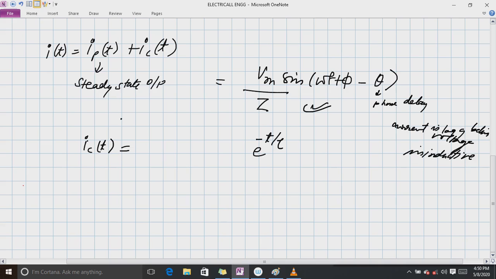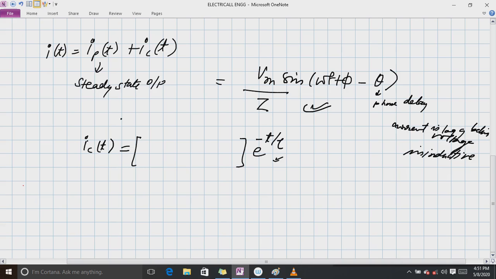In case of our capacitive circuit, it is RC. In case of an inductive circuit, it is L by R. So there is no such problem. This term will always come in a transient case, until the transient finishes.